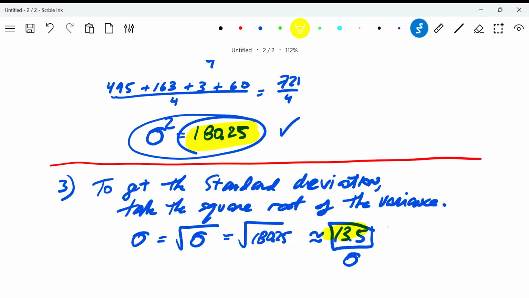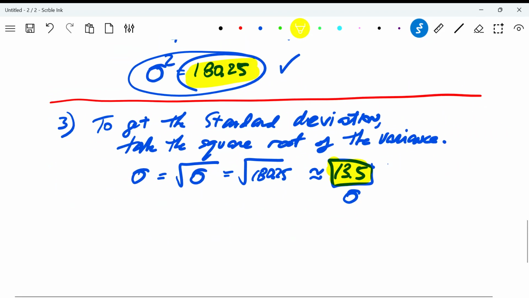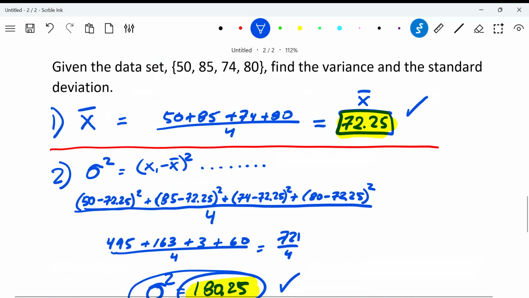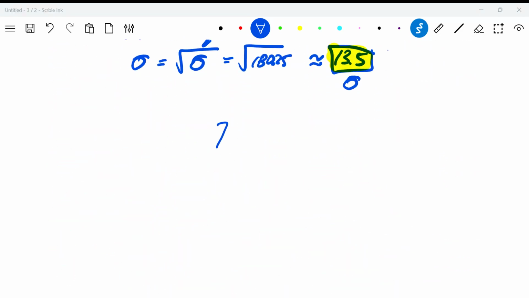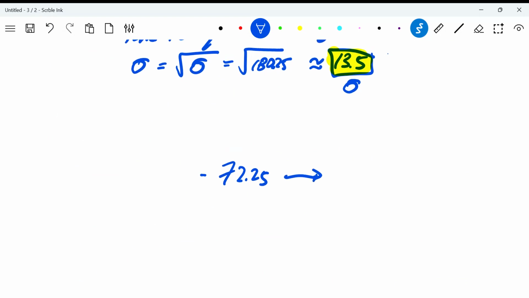So that means that if we did a bell curve, we would have the center 72.25, or the mean. And then you'd have one standard deviation both ways. So let's calculate that. You don't have to do this to find the standard deviation.